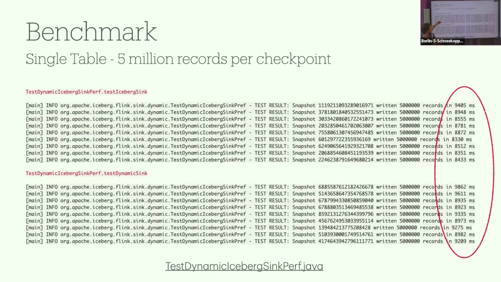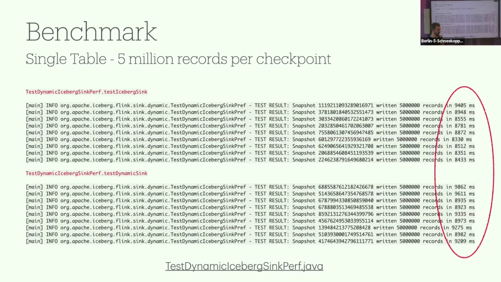We compared dynamic sink against the regular sink, and we found after some optimization that there's some overhead, but it's quite small. This is not completely up to date because there are already improvements being made by the community, and I think we're even down further, but you can see there's small overhead, and overall it's not too dramatic.